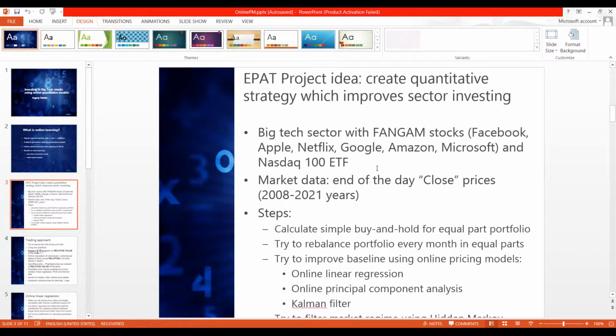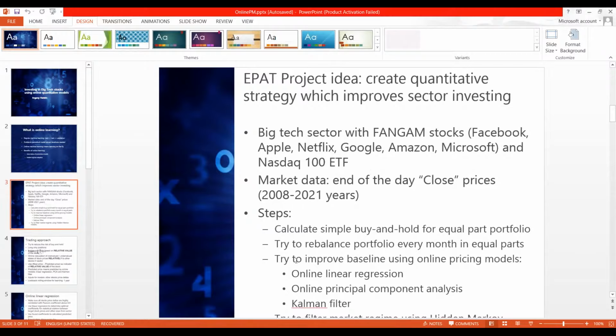I took publicly available end of the day close prices from the crisis of 2008 till, as far as I remember, March of 2021, the current year.